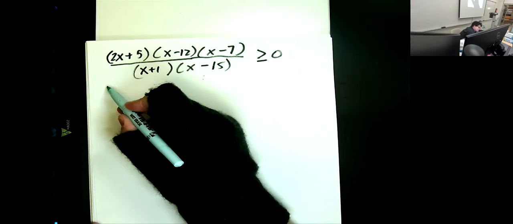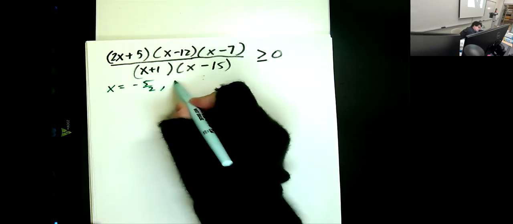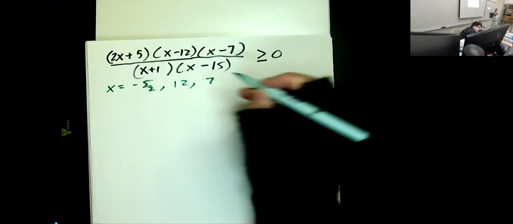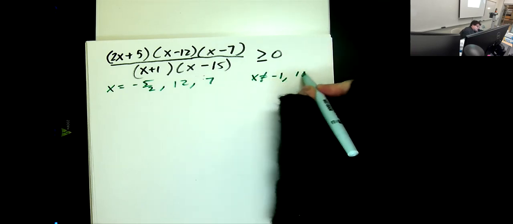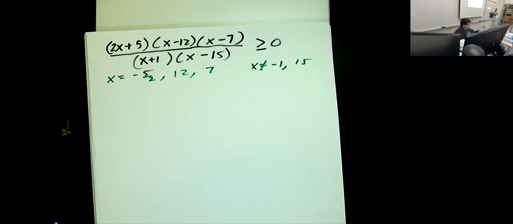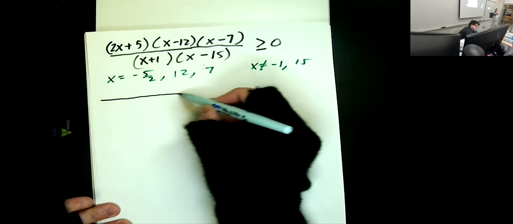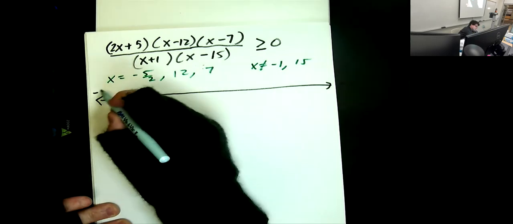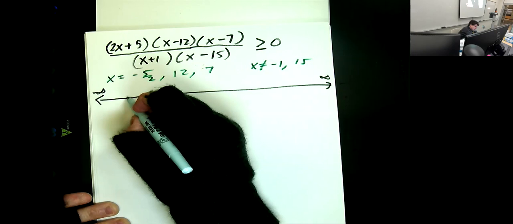Spots where it can equal are at -5/2, 12, and 7. And where it cannot equal is -1 and 15. Let's see, -5/2 is the lowest one.